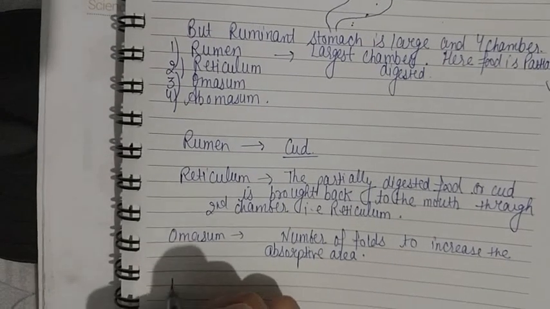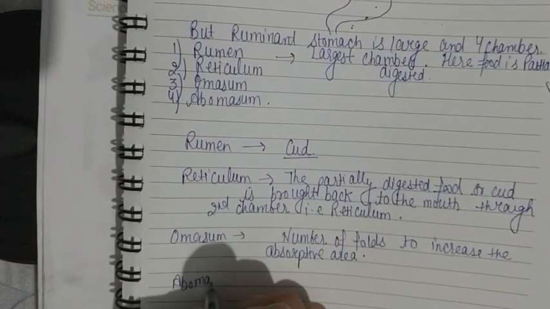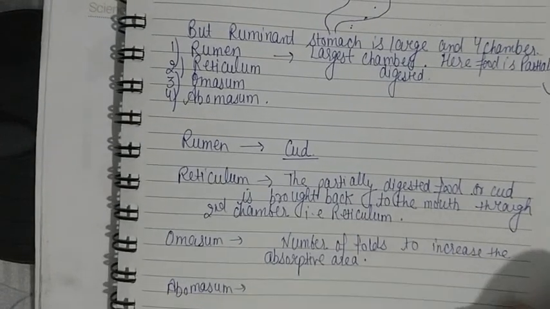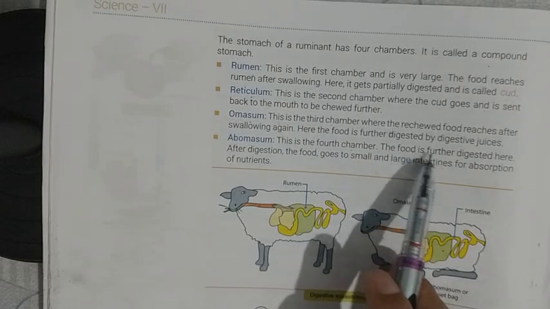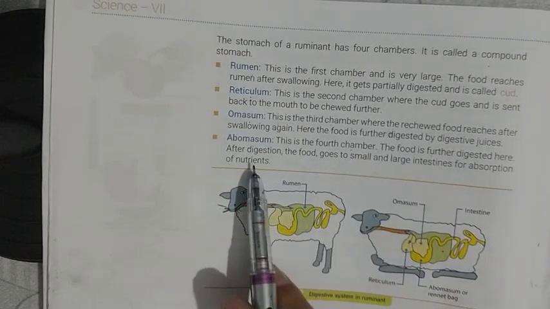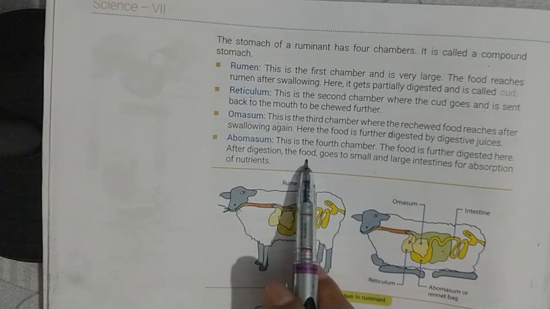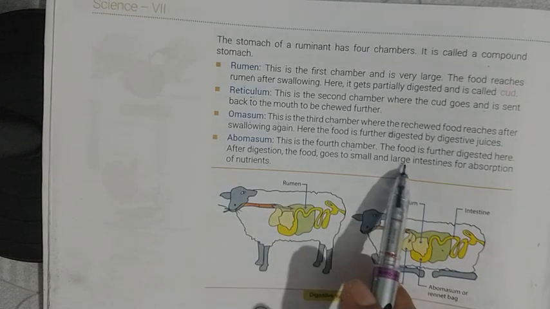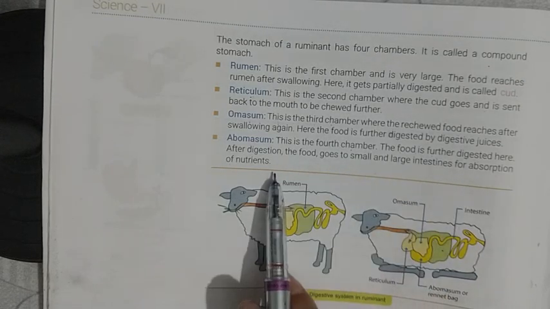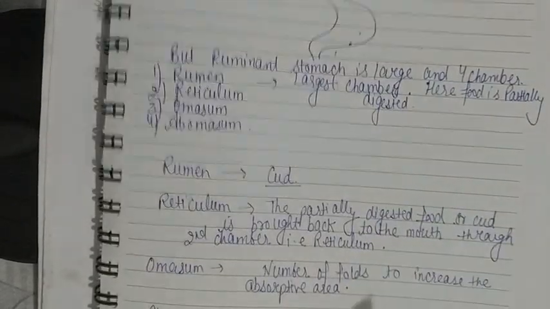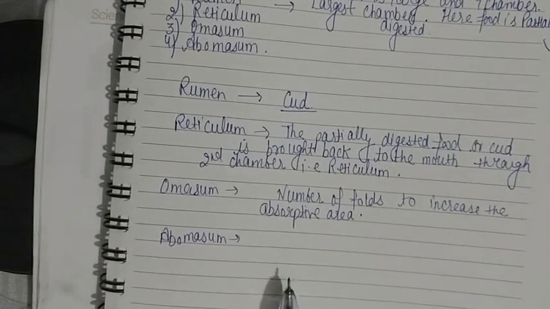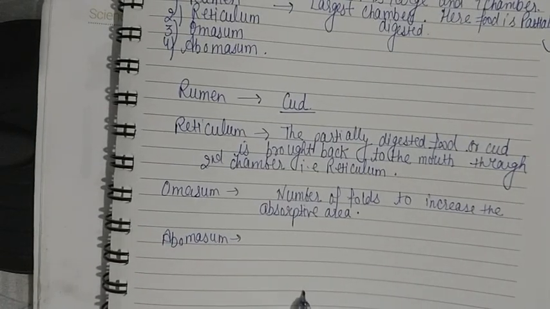Fourth is abomasum. This is the fourth chamber. The food is further digested here. After digestion, the food goes to the small and large intestine for absorption of nutrients. The food now becomes concentrated and is sent into the fourth chamber, that is abomasum.